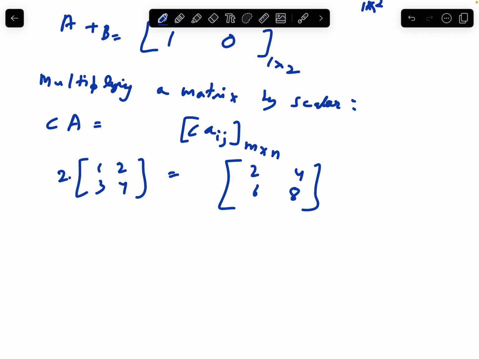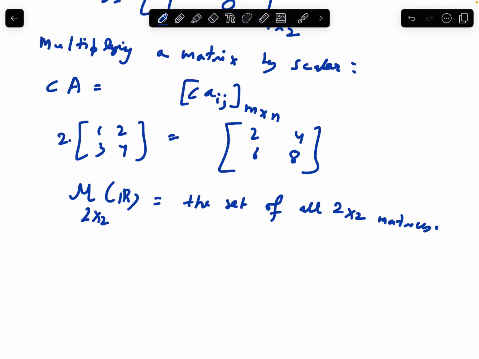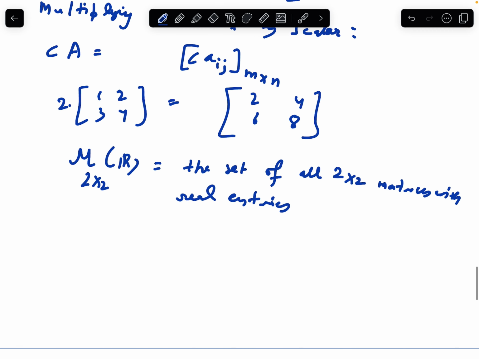Now, if I denote by this symbol the set of all 2 by 2 matrices with real entries, that is, iota and all are not allowed, then can I say that M2 by 2 R is a real vector space, right?